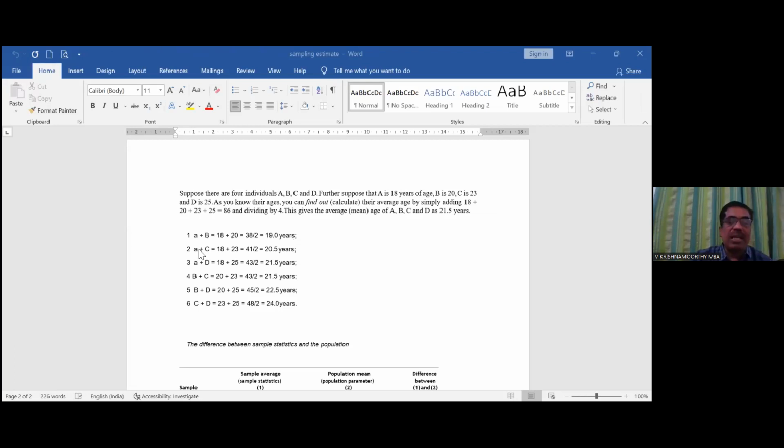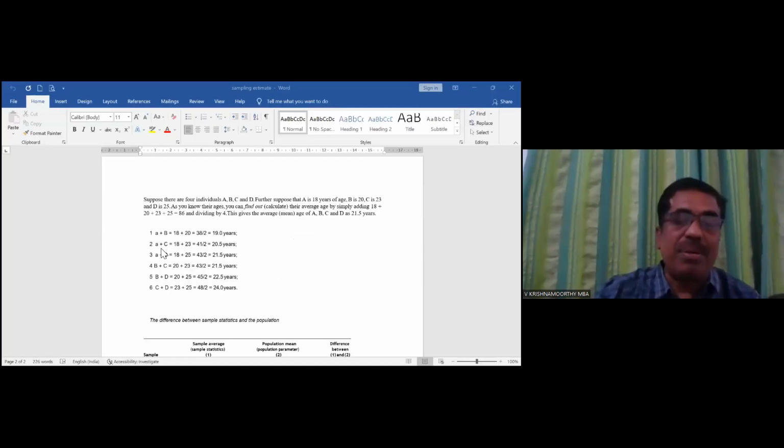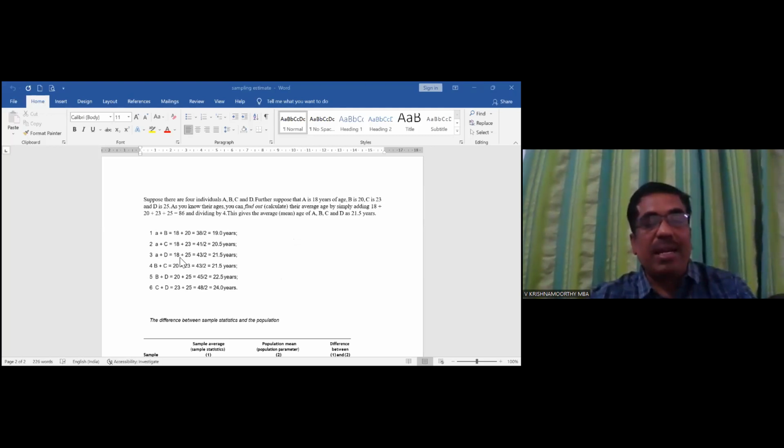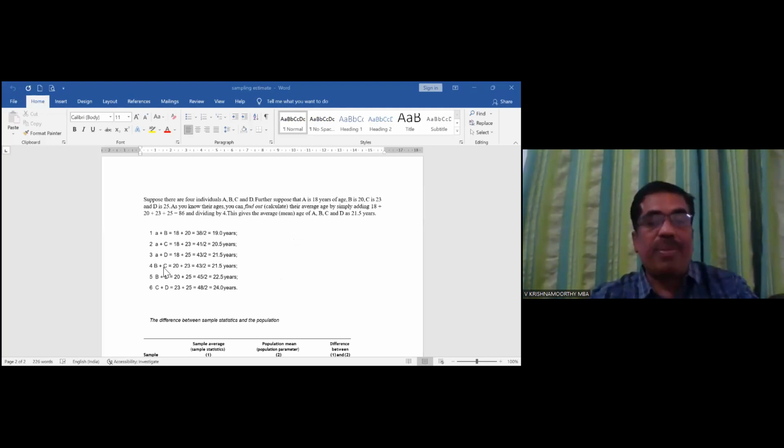Similarly, let's take the second situation. I am taking A and C as a sample. A's age is 18, C's age is 23. The total is 41. The average age is 20.5. Similarly, situation 3: I am taking A and D, and the average is 21.5.